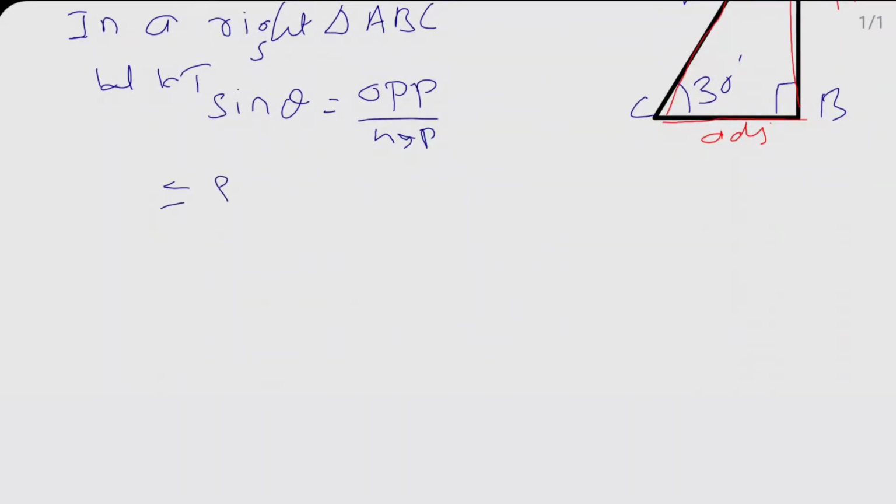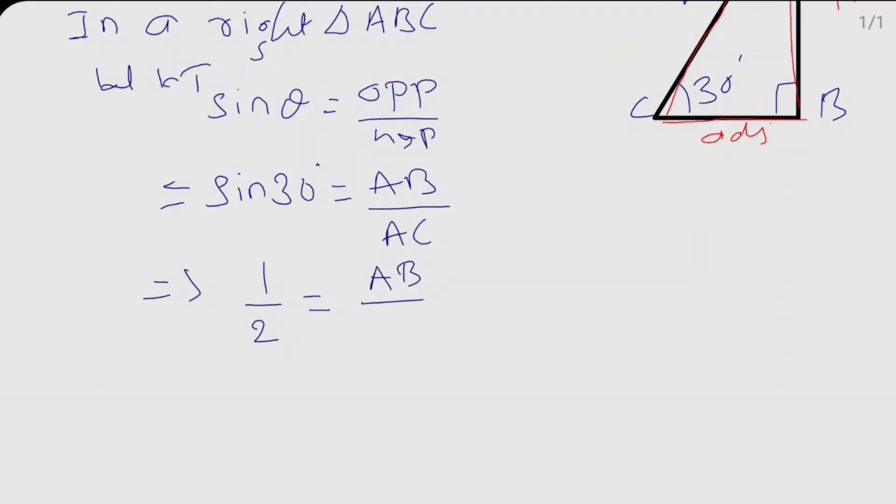This implies sine 30 degrees, because we know the theta value, and the side opposite to 30 degrees is AB divided by AC. Here the sine 30 value is 1 by 2 and this equals AB, which we don't know, so keep AB as it is, divided by AC, which is 20, they have given that.